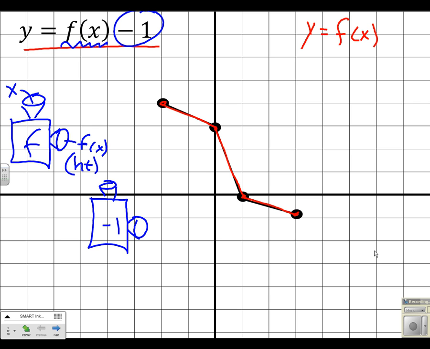So what I end up with is this height minus 1. So every point is just readjusted with height down 1. So down 1, down 1, down 1, and down 1. And if I plot in those points and connect the dots, I've got a function that is 1 lower than f.